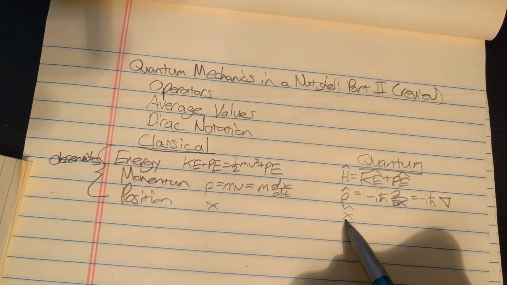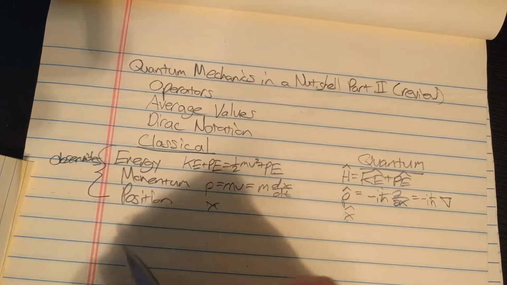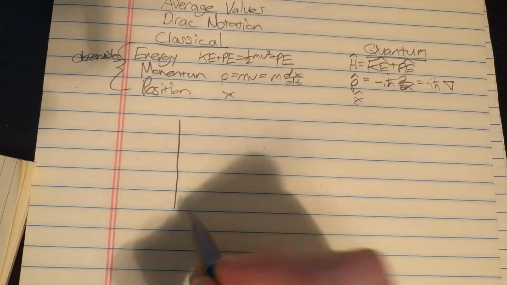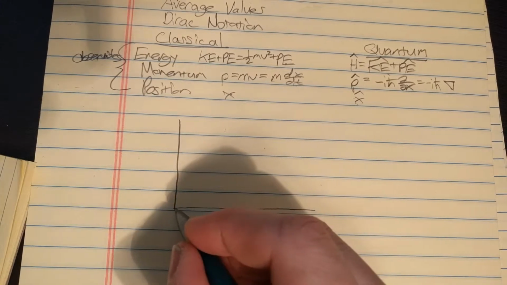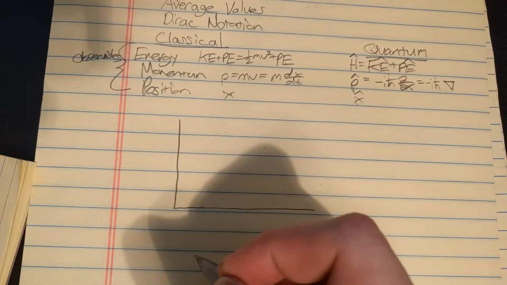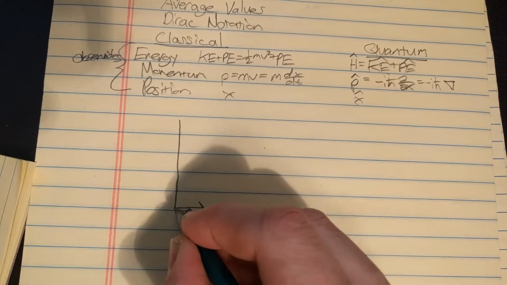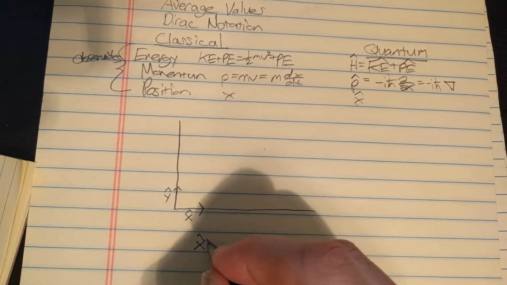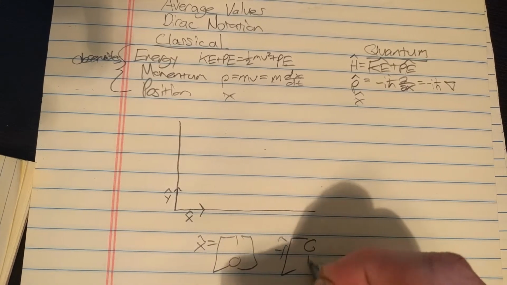If you've taken a course on linear algebra, then you've probably encountered operators before. For instance, if I have an xy plane and I transform the xy plane, the transformation comes about through an operator. Let's say I have two basis vectors, x hat and y hat, and I'm going to call x hat (1, 0) and y hat (0, 1).